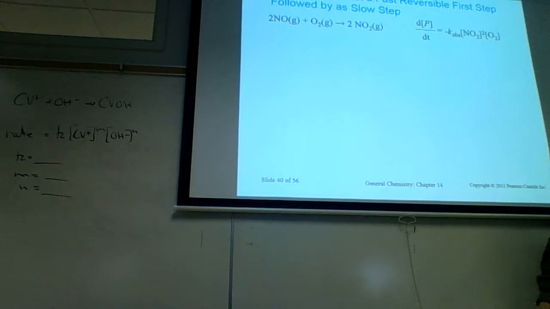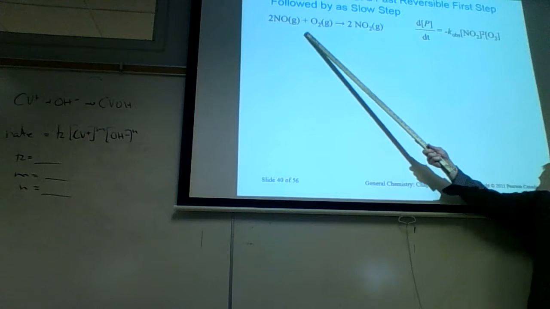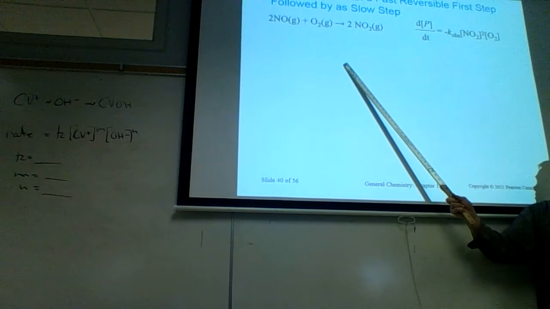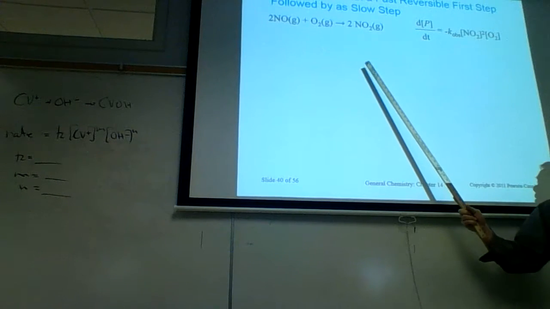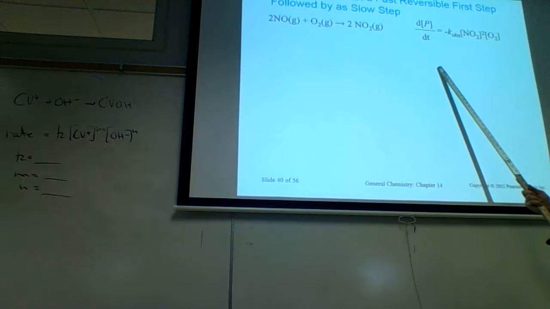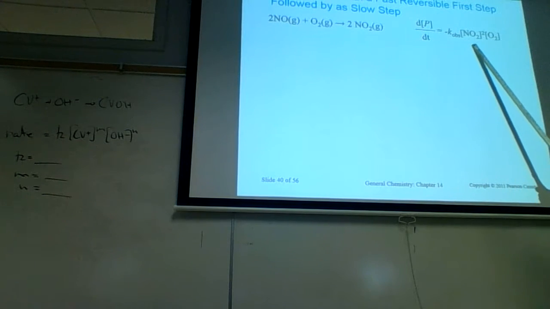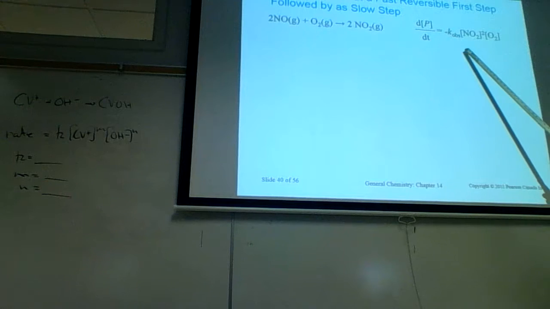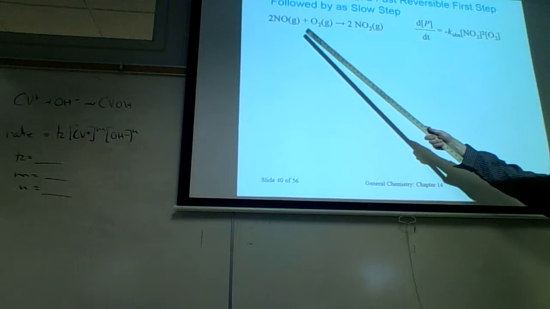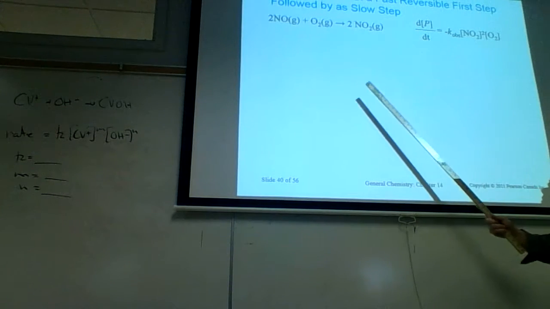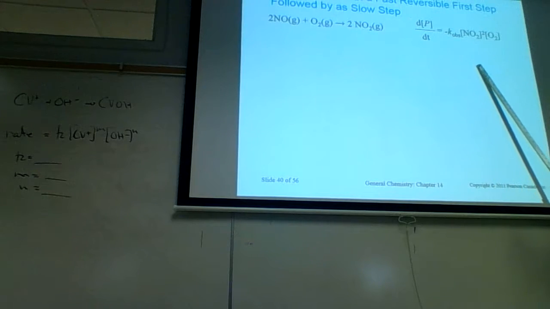So we'd start looking for other collisions. Maybe we have 2 NOs collide in a bimolecular collision. If 2 NOs collide in a bimolecular collision and we call that first step slow, then the rate law would just be [NO]^2. Or if we have 1 NO and 1 O2 collide in a bimolecular collision, then it would be first order in NO. Oh, this is wrong.